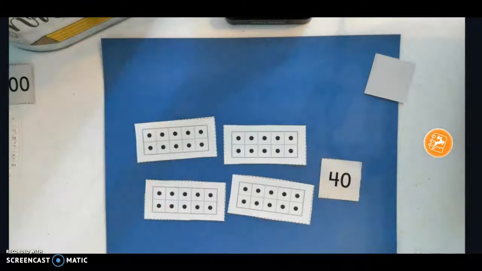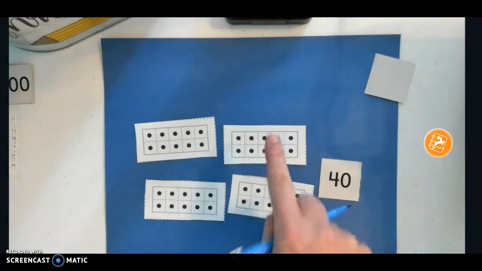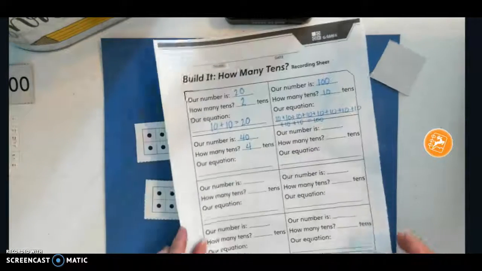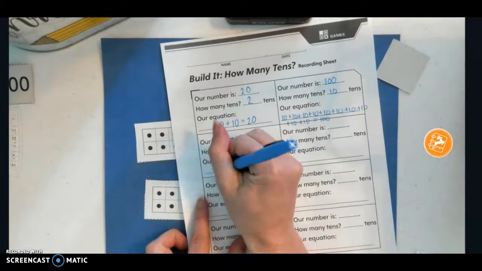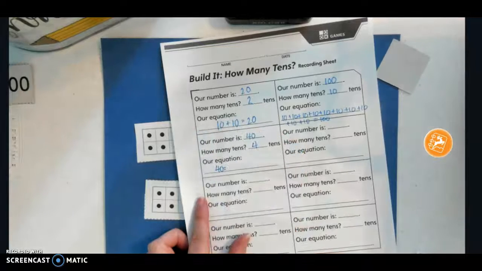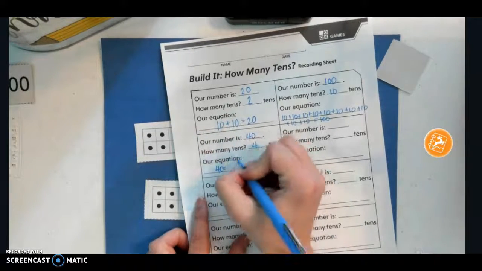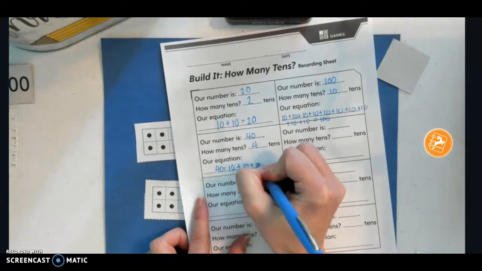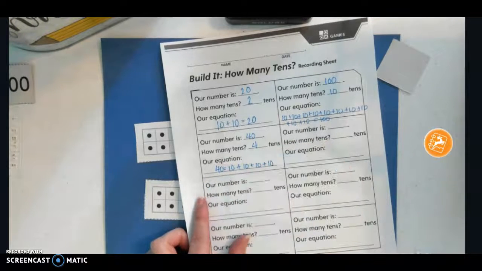And what would our equation be? 10 plus 10 plus 10 plus 10 is the same thing as 40. This time I'm going to write it this way. 40 is the same thing as 10 plus 10 plus 10 plus 10.